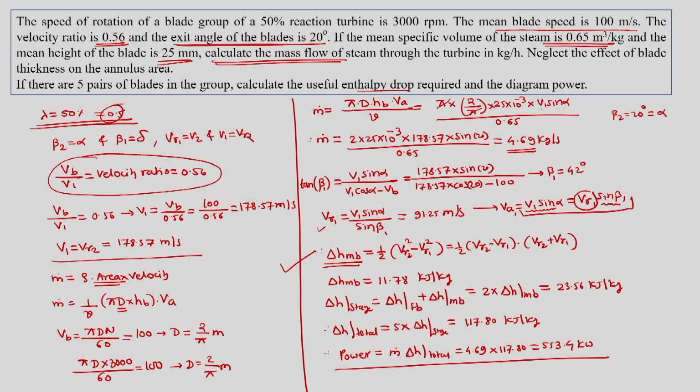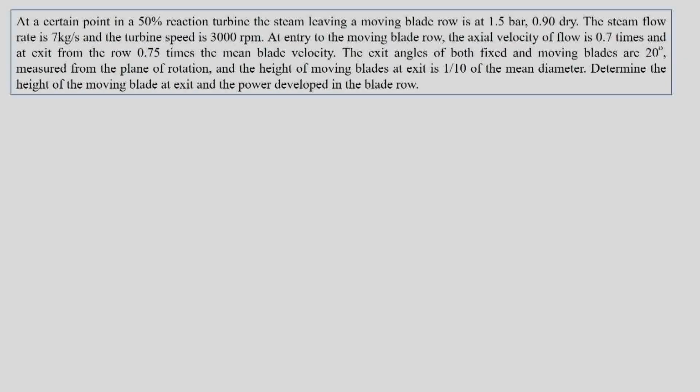So now we will go ahead with the next example, which states that at a certain point in a 50% reaction turbine, the steam leaving a moving blade row is at 1.5 bar and 0.9 dry. The steam flow rate is 7 kg per second and the turbine speed is 3000 rpm.